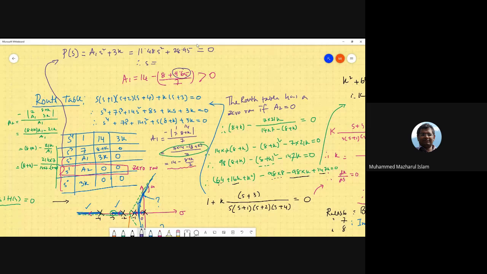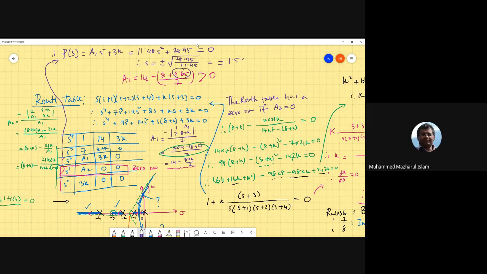You'll see that s is imaginary. 28.95 divided by 11.48, a square root. So the points are found from P(s) equals 0. This is the square root of 28.95 divided by 11.48. Again, this will be imaginary.